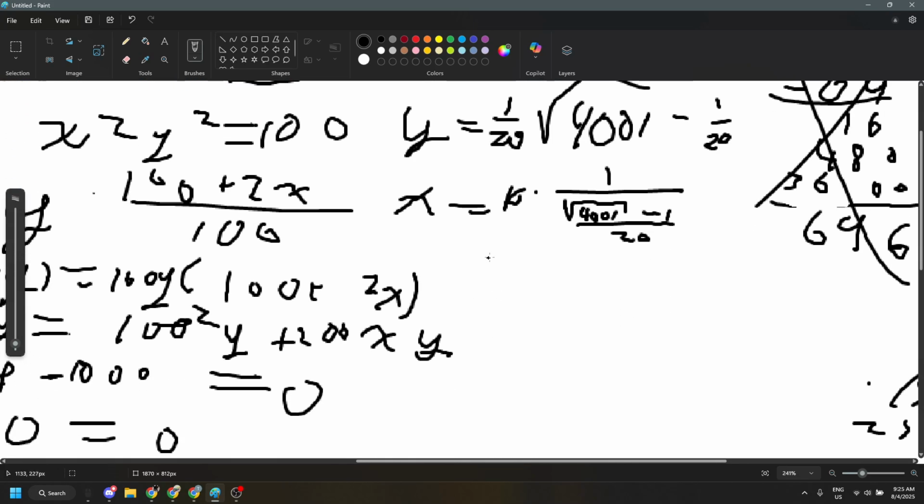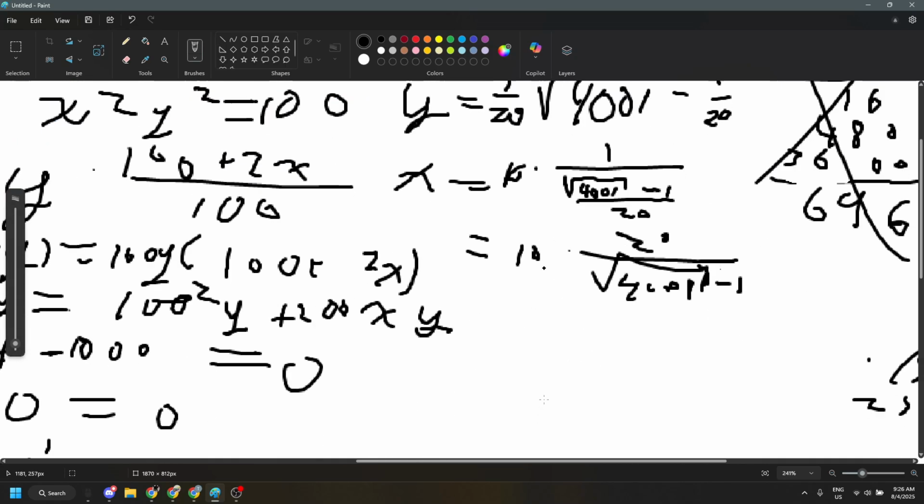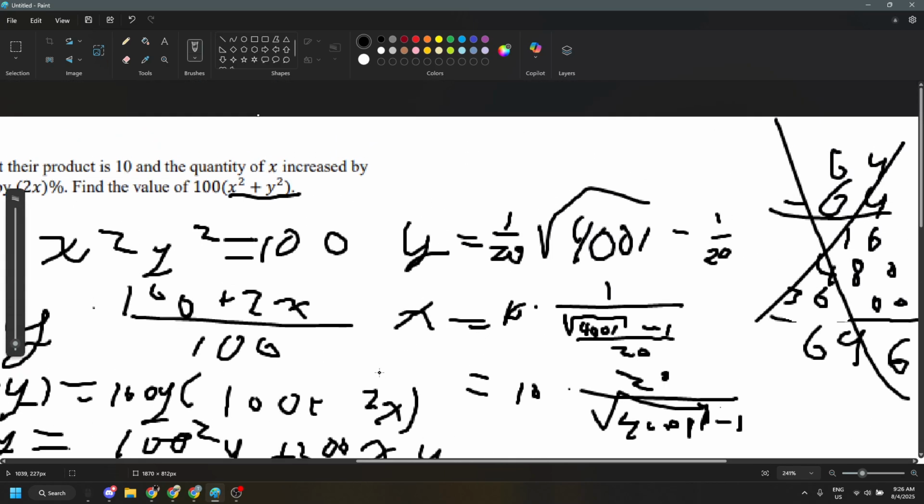So then, the 10 times 20 over square root 4001 minus 1. Okay. So 100 times, no, I'm not going to do this, because this isn't right.